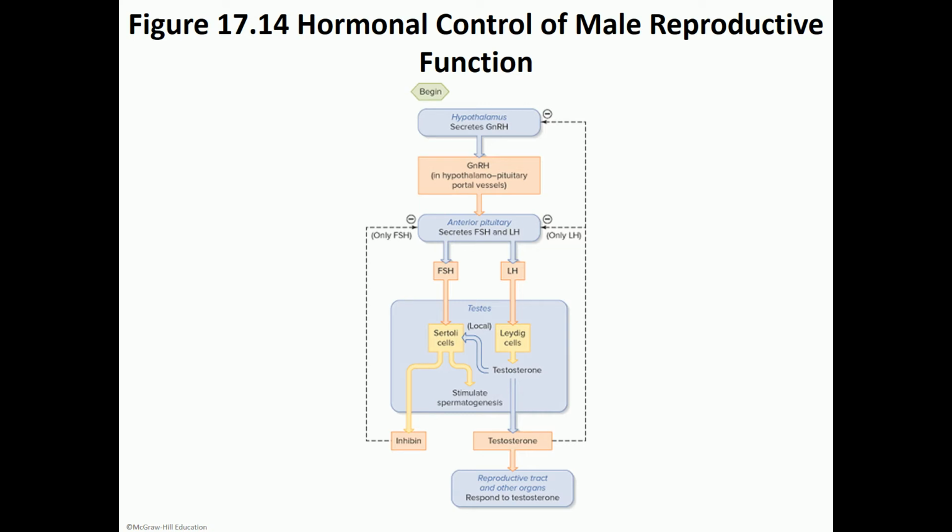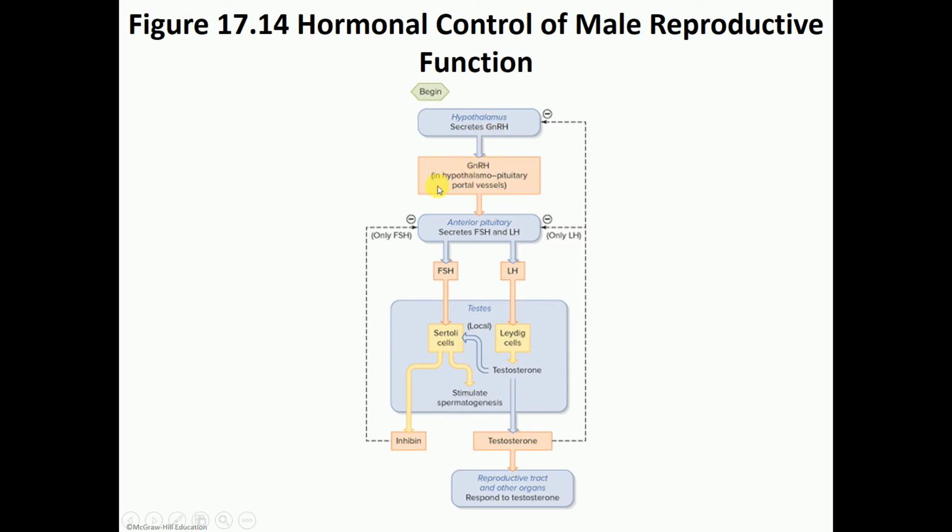The hormonal control of the male reproductive function, you will find that it is very close to, if not even identical to, the hormonal control of female reproductive function. There are obviously differences, but the hormones are pretty much the same. So it all starts with the hypothalamus secreting gonadotropin-releasing hormone.